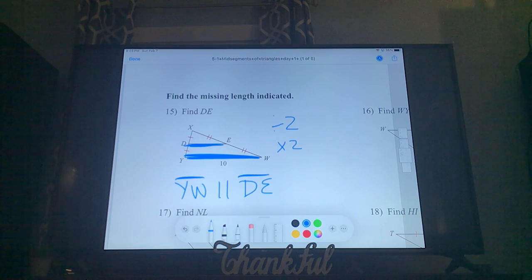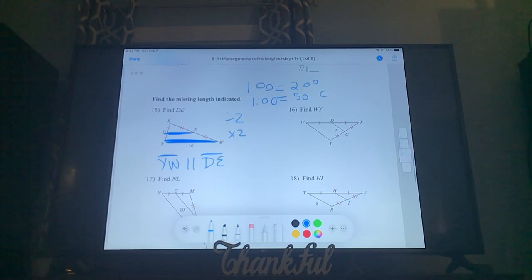If I double $1, how much money do you have? You have $2. Same on the flip side: if I cut $1 in half, how much money do you have? You've got 50 cents. So you've got $2 or 50 cents.